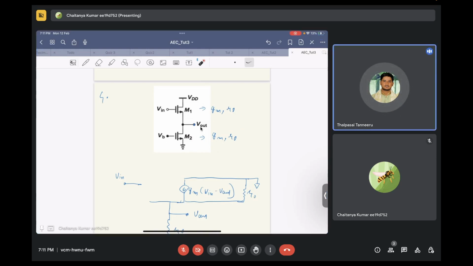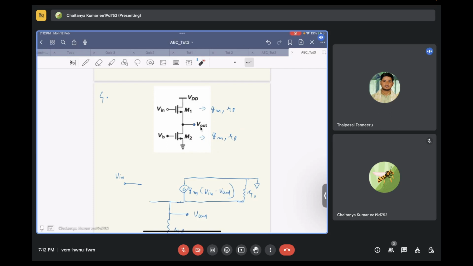If source resistance is getting reduced, meaning if Vout is coming to increase, then VGS, that is Vin minus Vout, will get reduced. So ID will reduce. So for negative feedback, M2 will play a major role based on the source resistance.